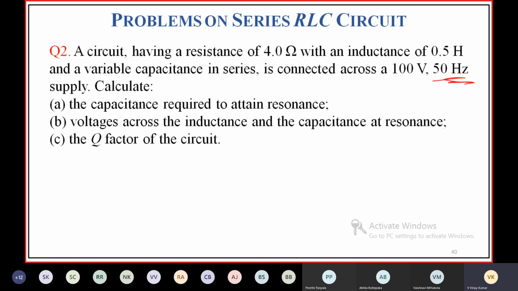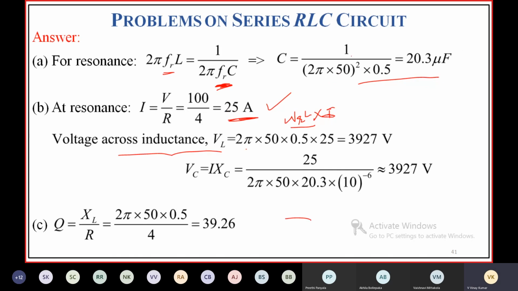A circuit having a resistance of 4 ohms with an inductance and variable capacitance in series is connected across this supply. For the capacitance required to attain resonance, we can use this frequency. Frequency is given, and from this we can get the capacitance.